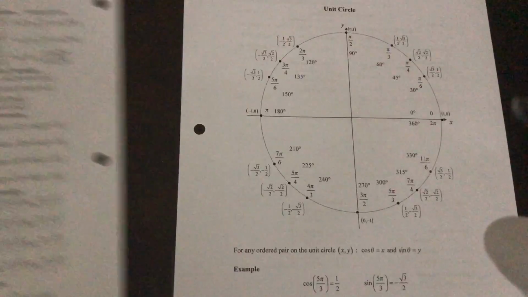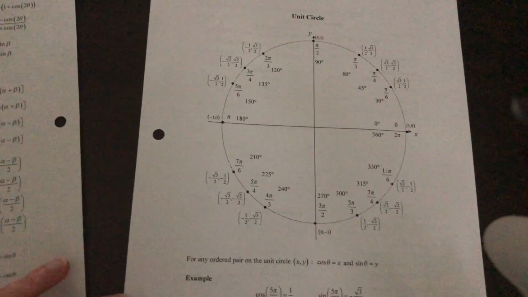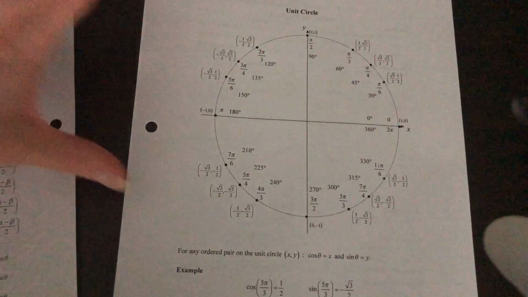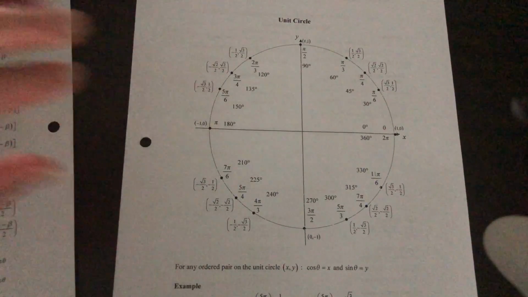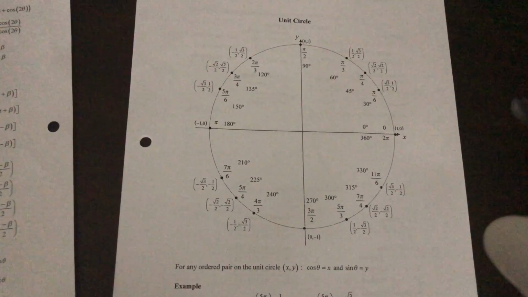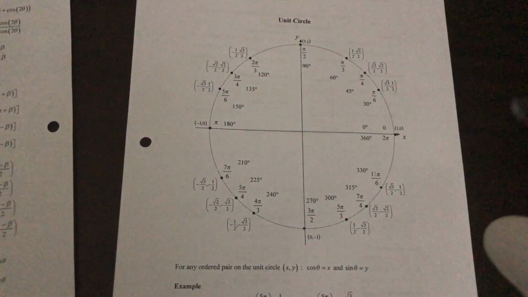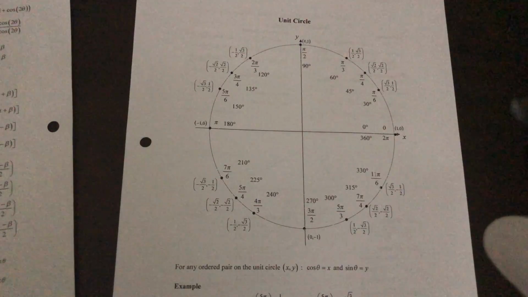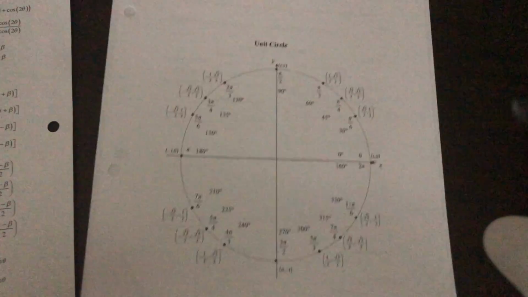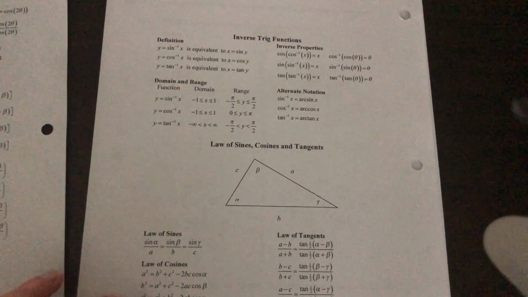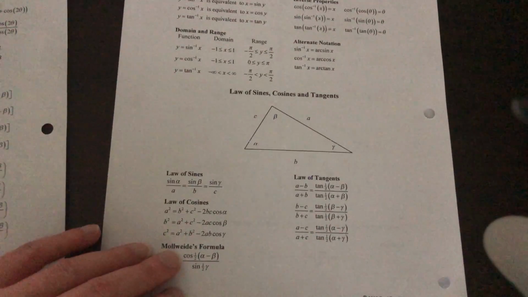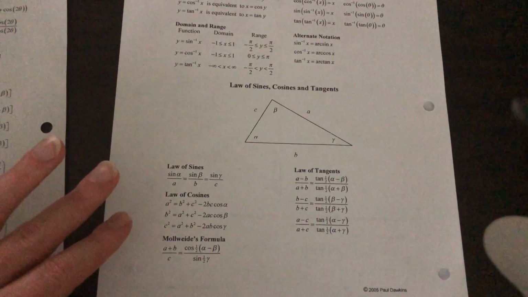Now, the other page of this cheat sheet deals with the unit circle. So this is what your unit circle looks like. Remember, I was talking about how some teachers make you memorize this, and we just use the trig chart. On the back of this, we have some stuff about inverse trig, law of sines, law of cosines.